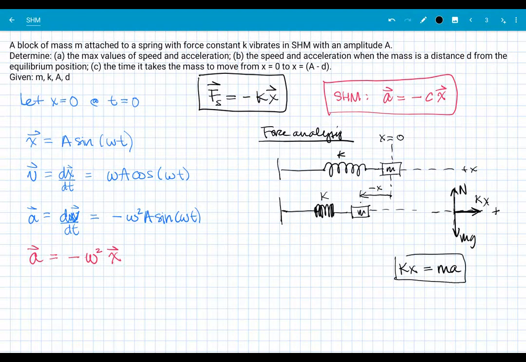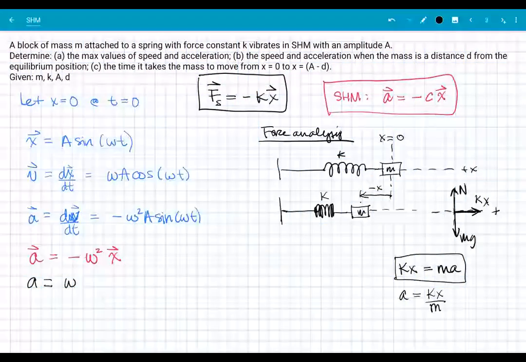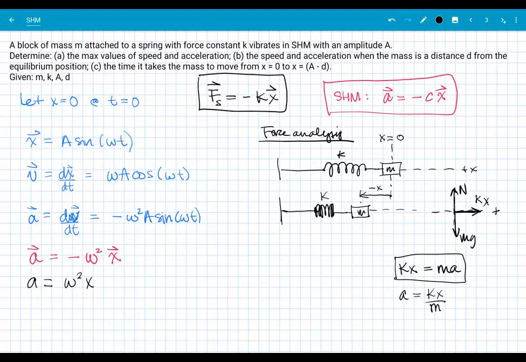This is the equation then that I have here, kx is equal to ma. The reason I'm doing this is that I can take this equation and solve for acceleration, kx over m, and put this together with my acceleration, written as a magnitude: a is equal to omega squared x. Notice I dropped the negative sign, but I also dropped the hats.